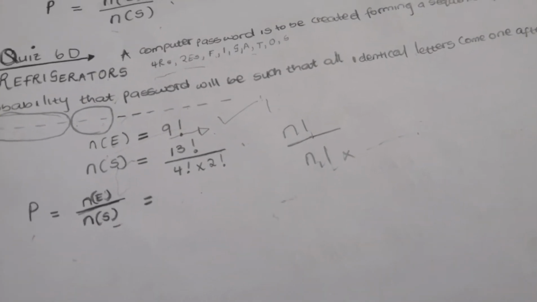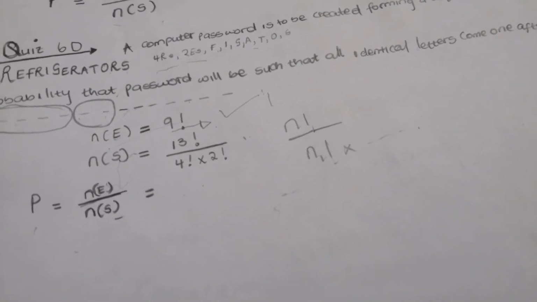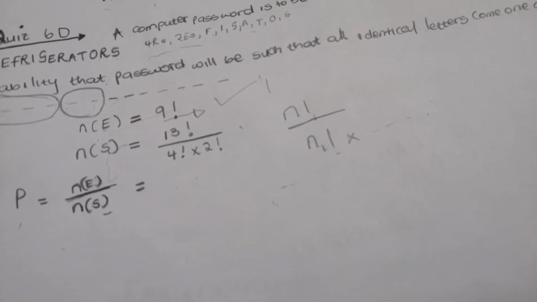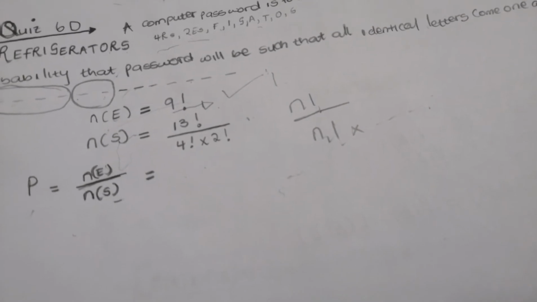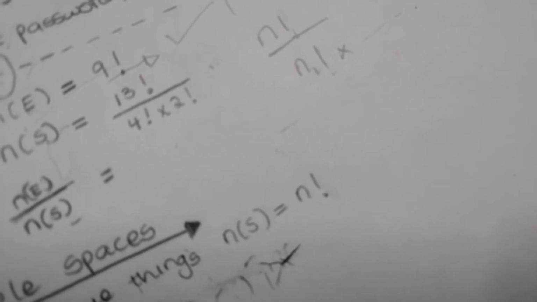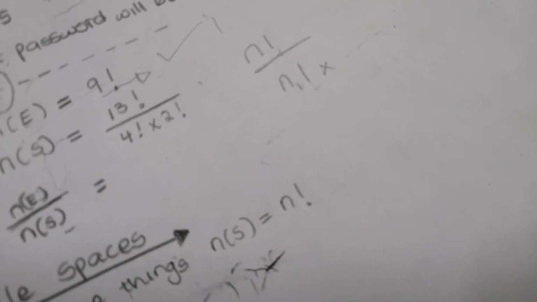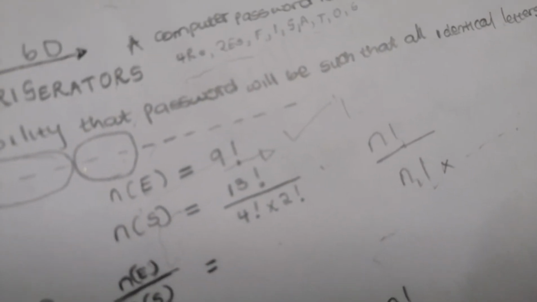So it's better if you know those equations, because you will need them in this chapter. So moving on. We know that the sample space for n unique things will be n factorial.